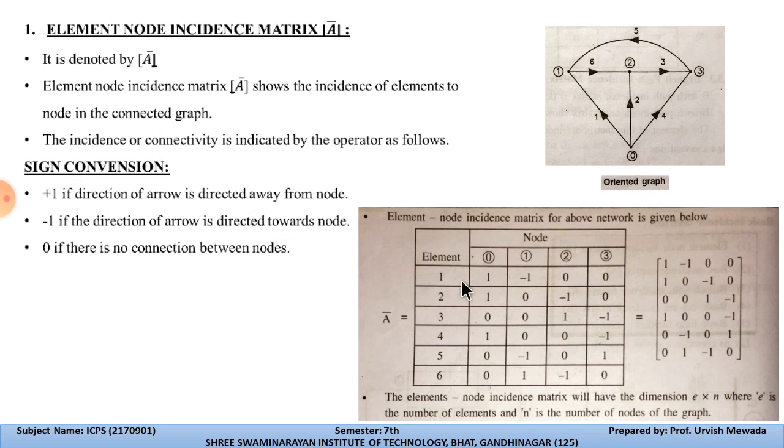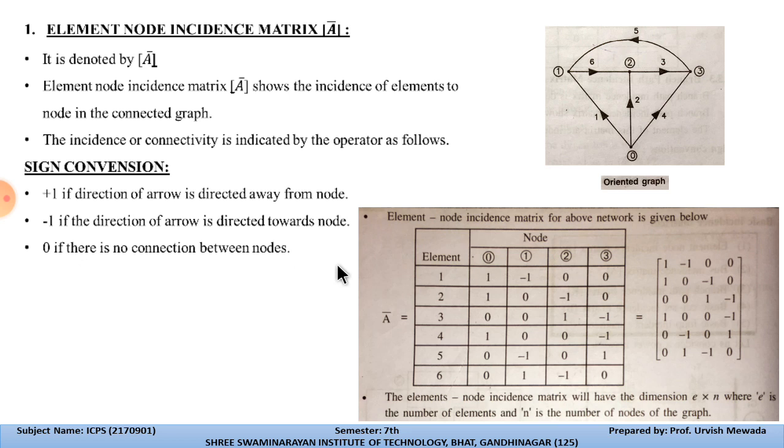Now element 1 with node 1: element 1 is going towards 1, so it is taken as minus 1. Element 1 towards 2: there is no connection between node 2 and element 1, so it is 0. There is no connection with 3, so it is 0. Let's solve it your way.